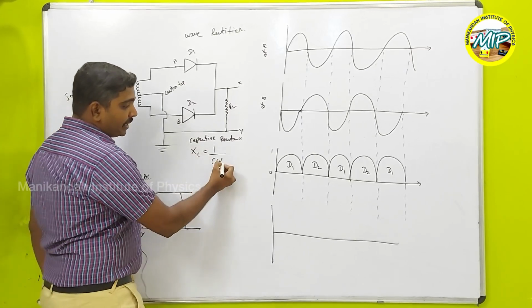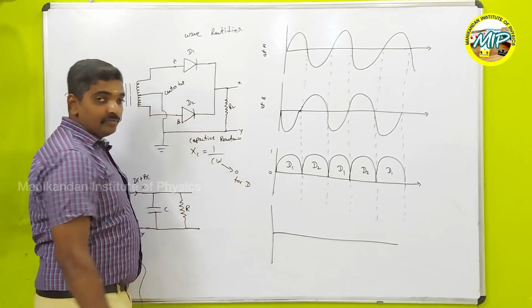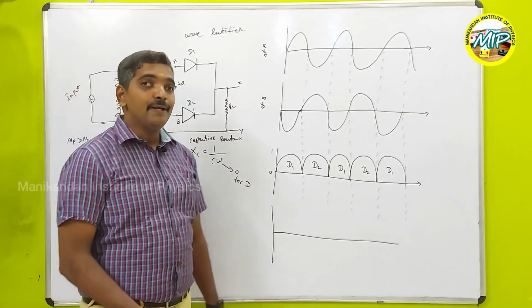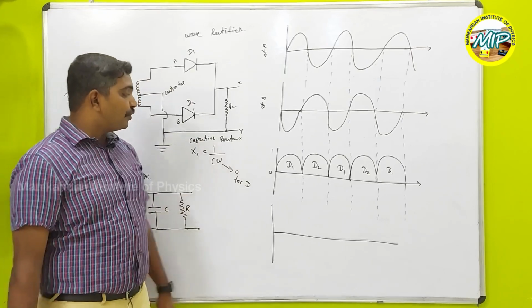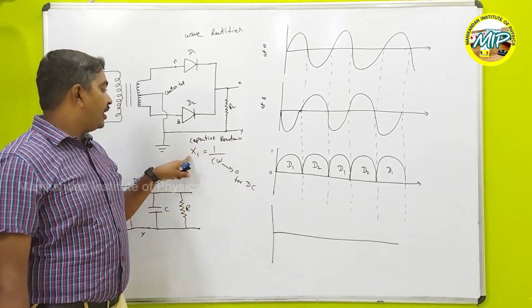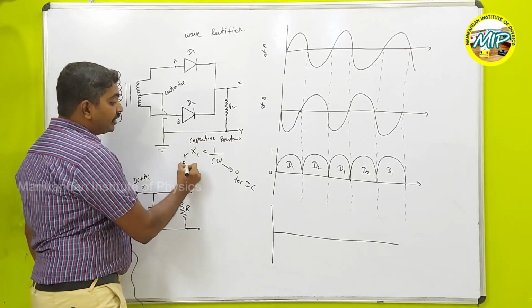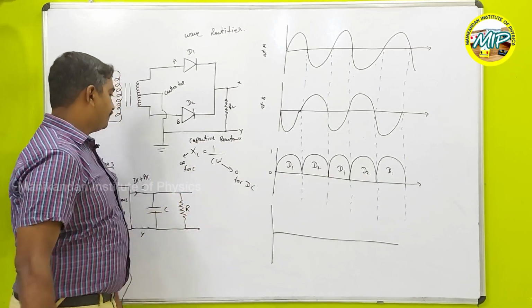Here my omega is going to be 0 for DC, for direct current, which means there is no fluctuation. If my omega is 0, then your Xc is going to be infinity for DC.